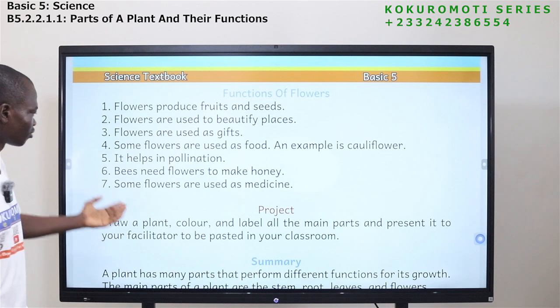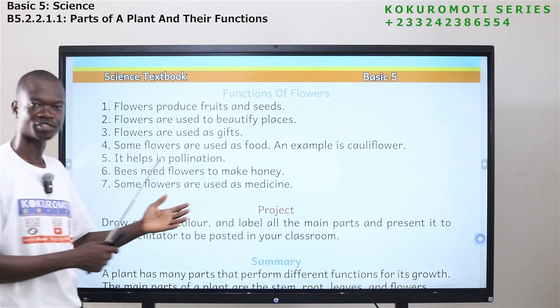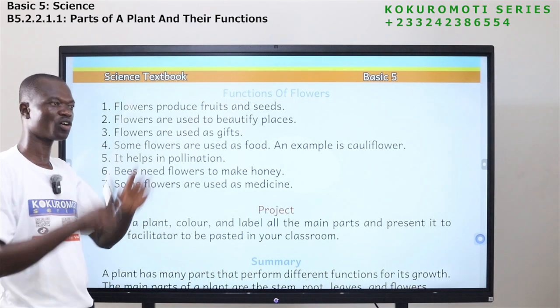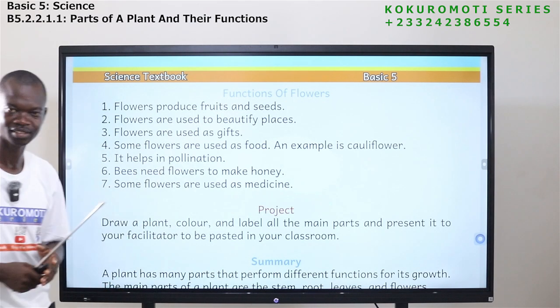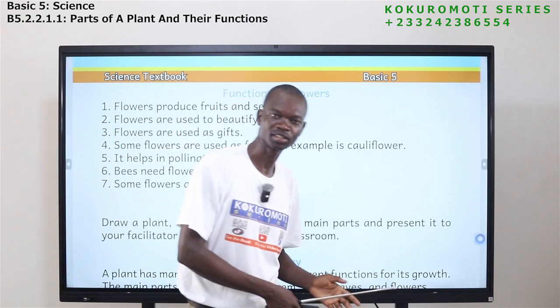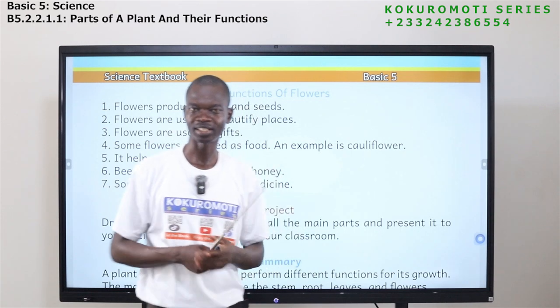The next one is that some flowers are used as medicine. Yes, some flowers are used as medicine. So you see, all the parts of the plants are very useful. We get food, we get so many things, medicine, we get so many things from plants.